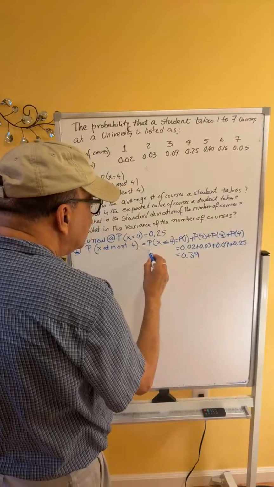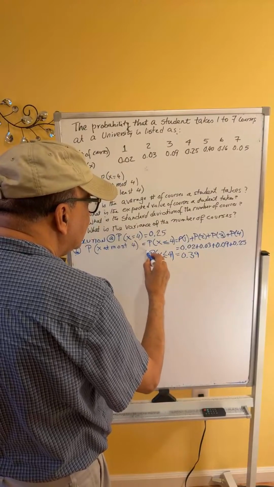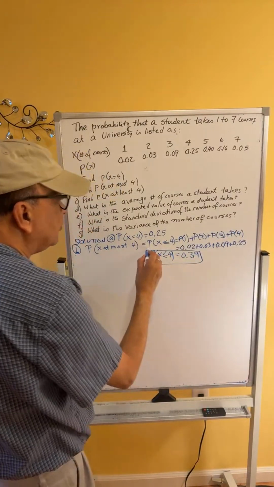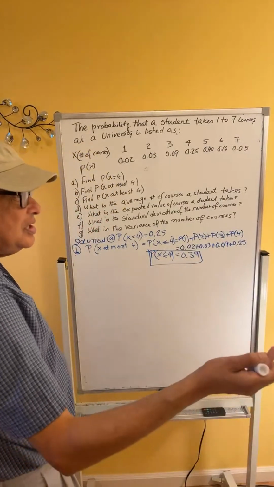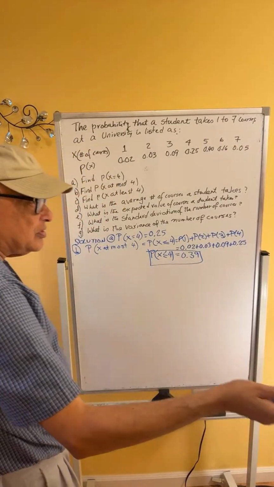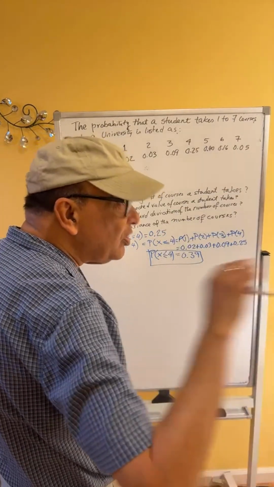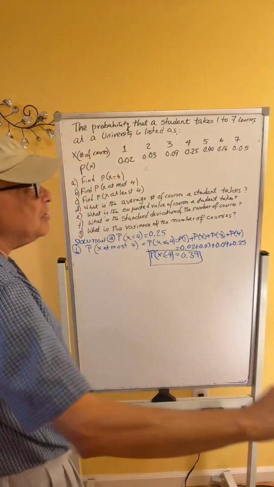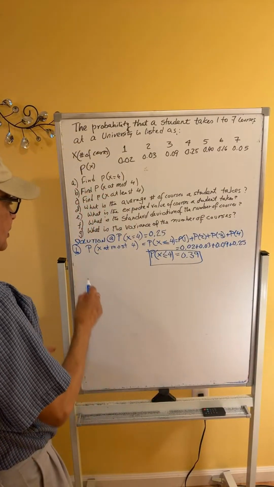So probability of x less than or equal to 4 is 0.39. So there is a 39% chance that a student will take at most 4 courses. It can be 1, it can be 2, it can be 3 and it can be 4. Since these are independent events, we are adding them together to get the probability.